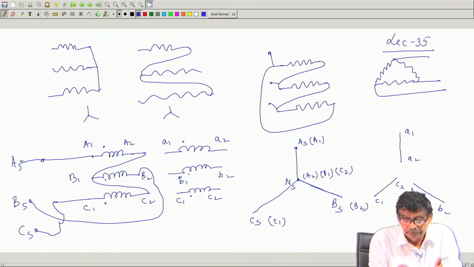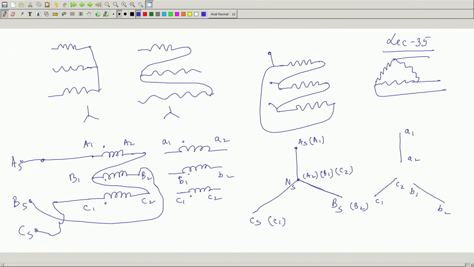Then look at the individual applied voltage across the primaries. For the A transformer it is A1, A2, for the B transformer it is B2, B1, B2 is connected to Bs, which is 120 degree apart, because your supply is balanced 3-phase supply with phase sequence As, Bs, Cs.